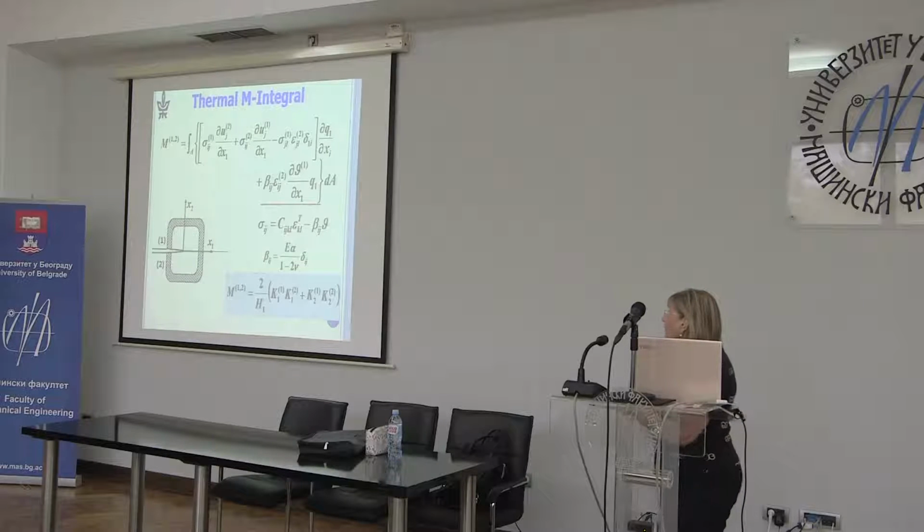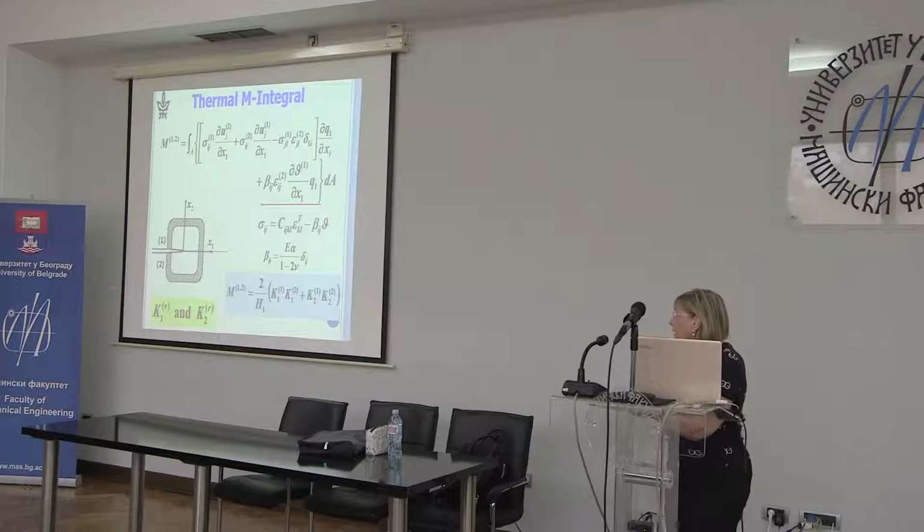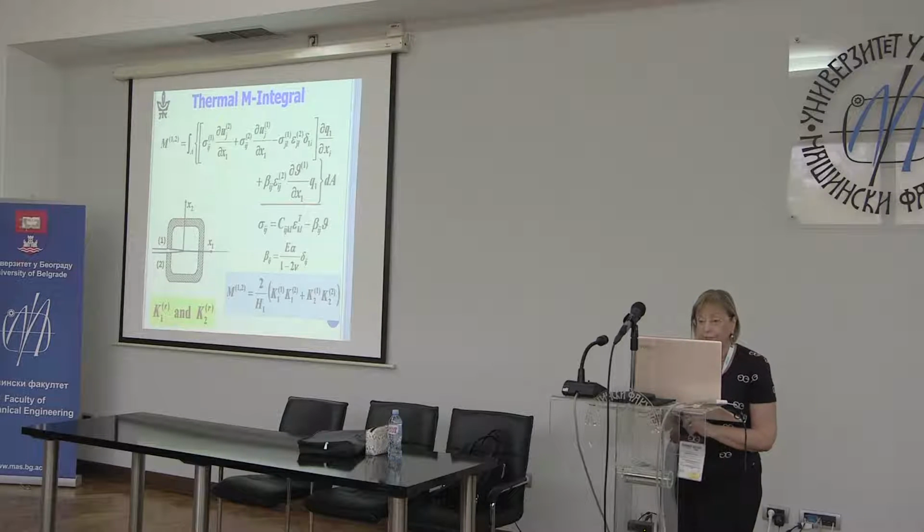And so we have the integral, and then we have the relation between M and the stress intensity factors. Again, I'm not going to show you any details. I could find the stress intensity factors due to residual curing stresses, and so we find K1R residual and K2R residual.